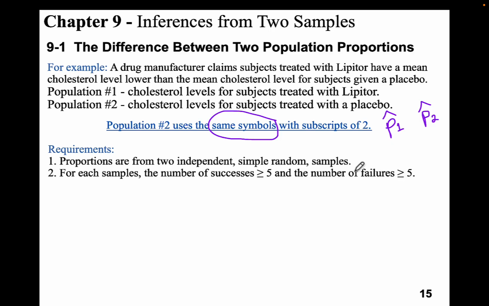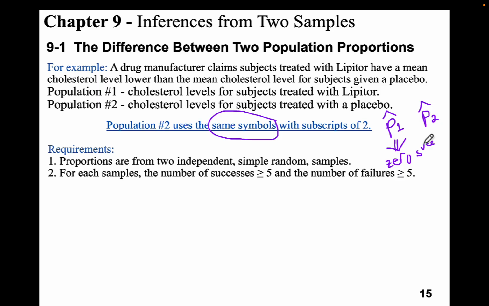So basically, you don't want to compare two populations where, let's say, population number 1 just failed at everything. Say it had like 0 successes.